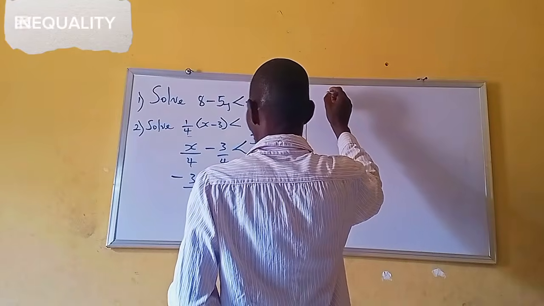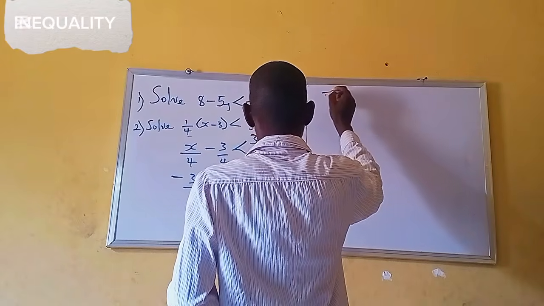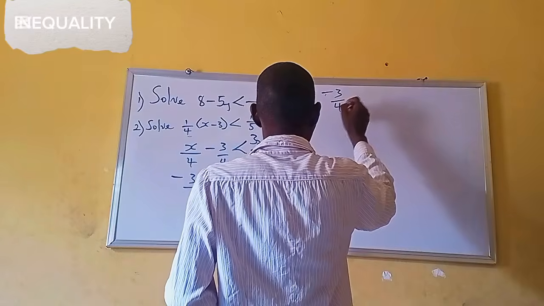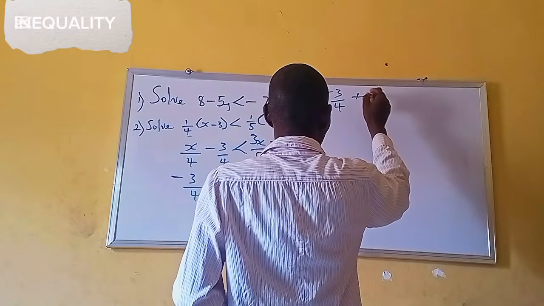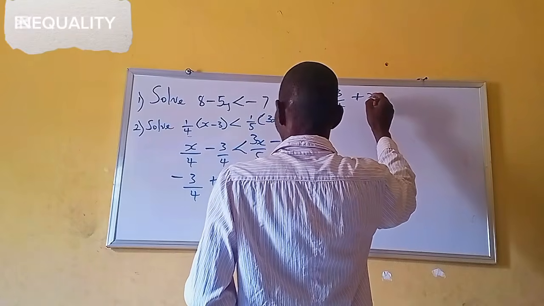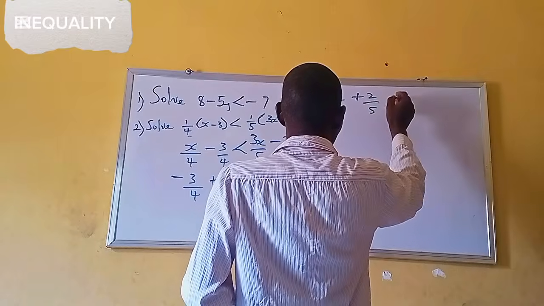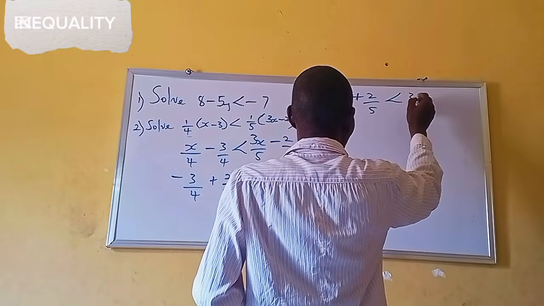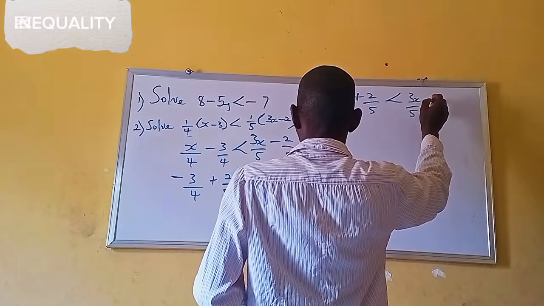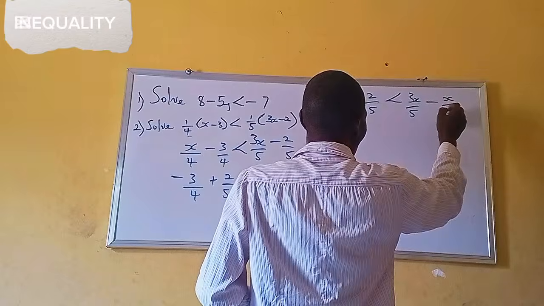So you have minus 3 over 4 plus 2 over 5 less than 3x over 5 minus x over 4.